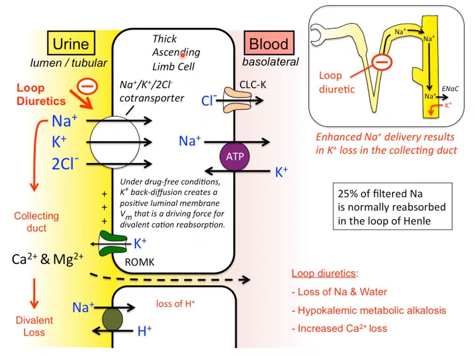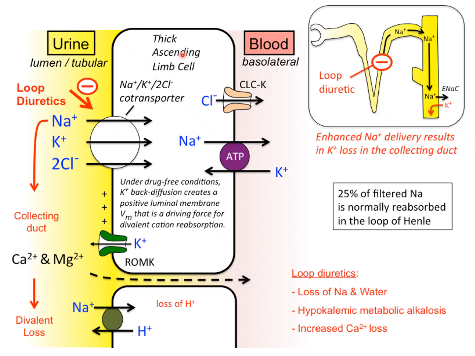A lot of these loop diuretics can be given to patients that have even renal failure. Okay, so again, why do we call them high ceiling diuretics? Because unlike thiazide or other diuretics which hit a ceiling of efficacy relatively quickly because they act on distal tubules, the loop diuretics act on the thick ascending limb, and we cannot usually hit their ceiling easily unless we give extremely large doses.